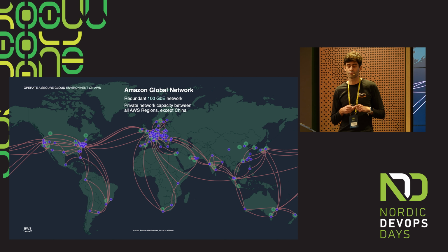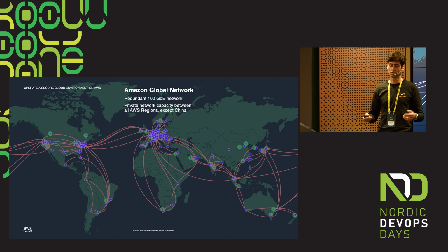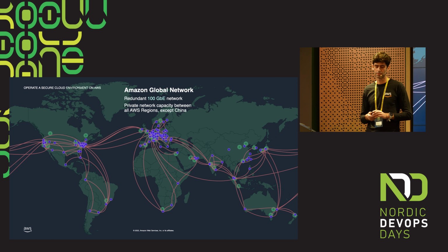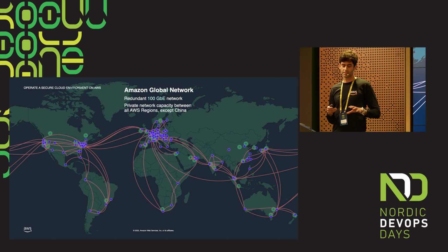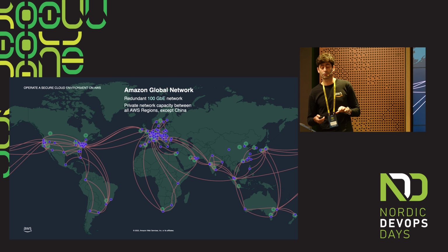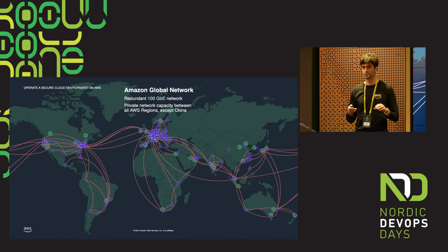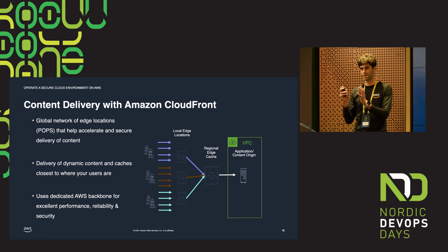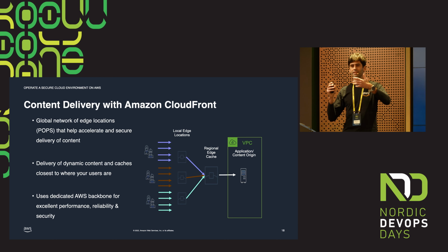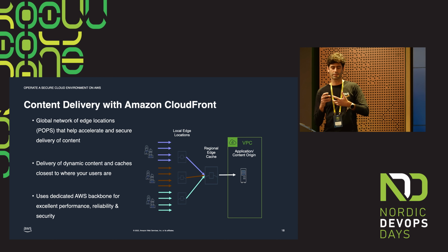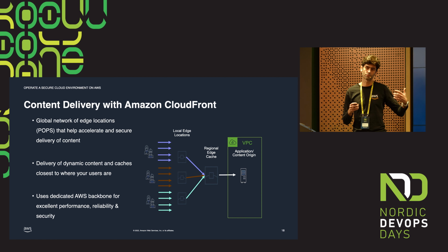But we also have over 400 points of presence across the globe, which are all connected by private, high bandwidth, redundant fiber optic cables. So this is the network that customers can leverage. And you can push your application from your VPC, where the traffic might hit already in the region, out to CloudFront.